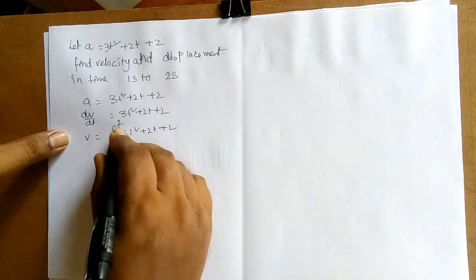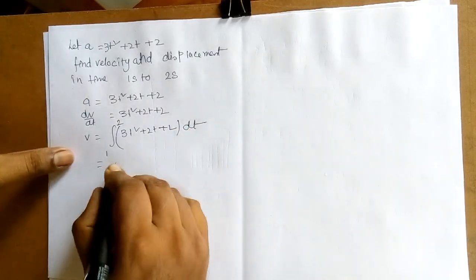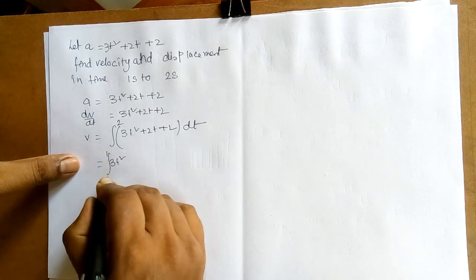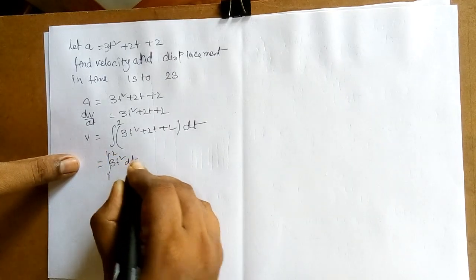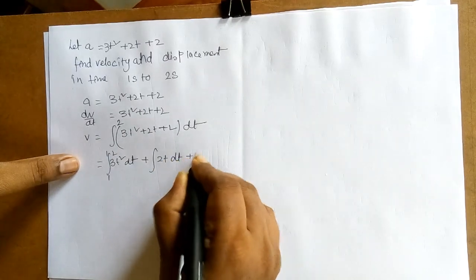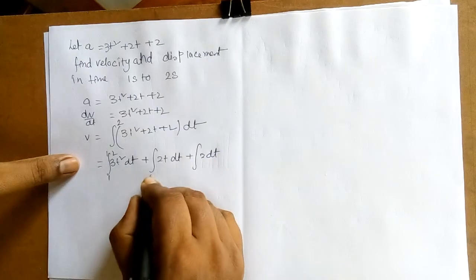Okay, and here v equals integration of 3t square plus 2t plus 2 over time 1 to 2 seconds. Now integrate it with respect to dt: integration of 3t square dt from 1 to 2, plus integration of 2t dt, plus integration of 2 dt, 1 to 2.